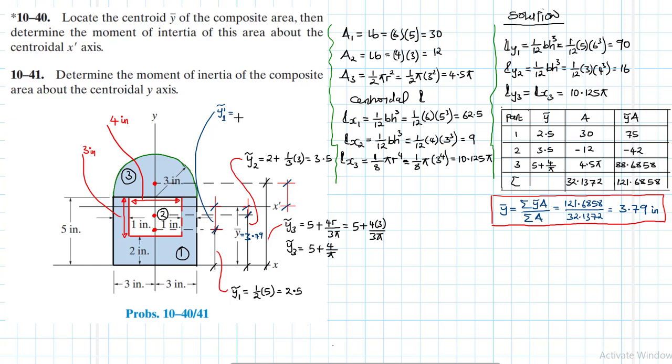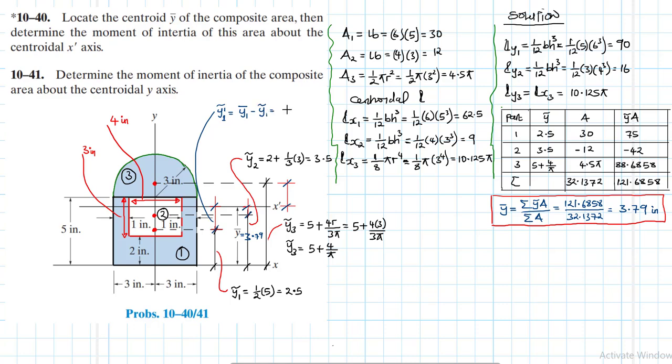Okay, it's going to be equal to y bar, the length of y bar, which is 3.79 minus the length of the centroidal distance y1. So this one basically is equal to y1 caret minus y bar minus y1 caret.